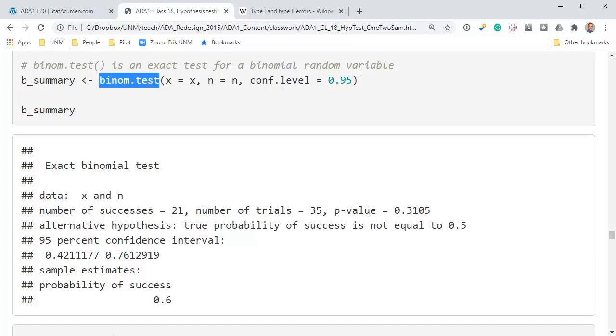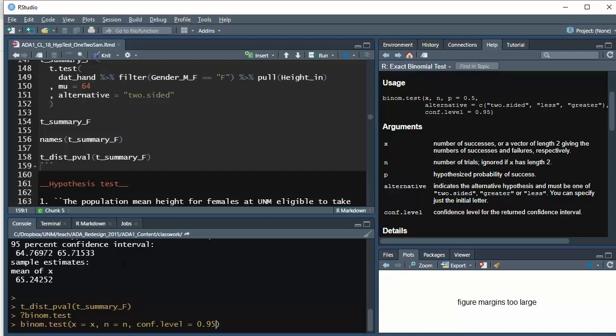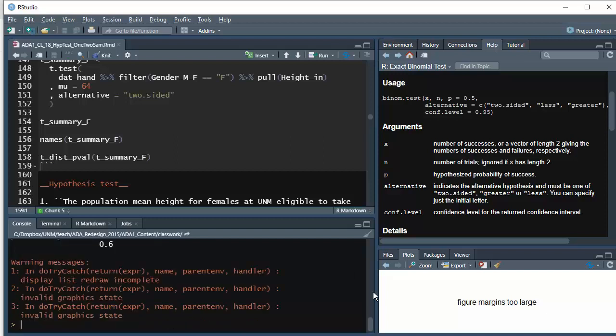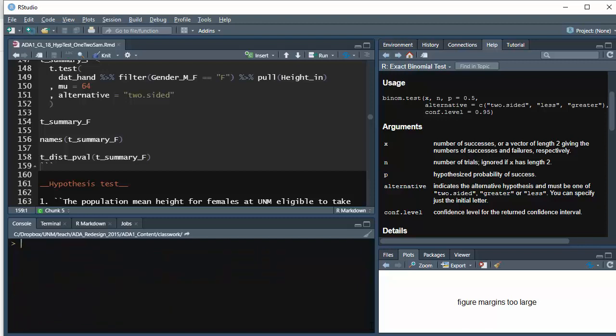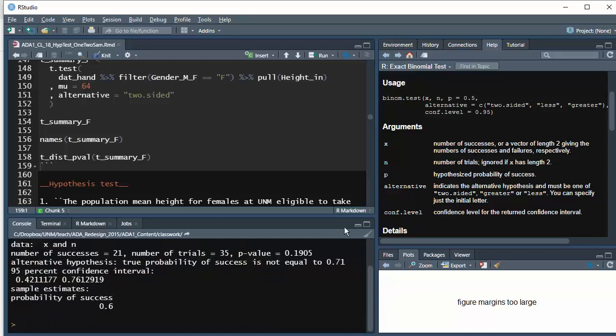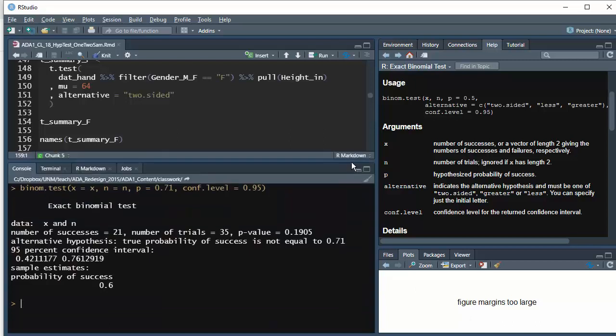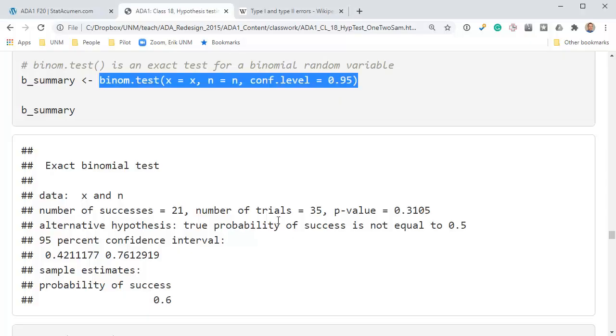Okay, so if I were to rerun this and put p equals 0.71, don't worry about those warnings. That's from something else. Then we've got here the true probability is not equal to 0.71. Great, and there's our p-value, 0.19. So that's what you should have for yours.